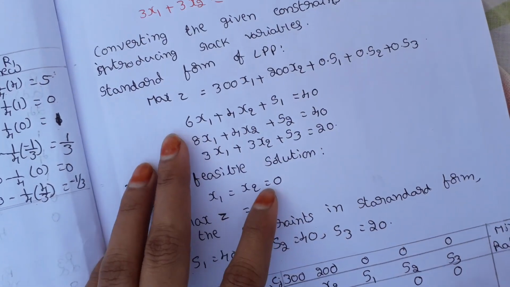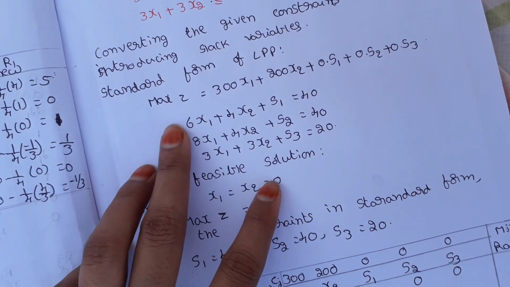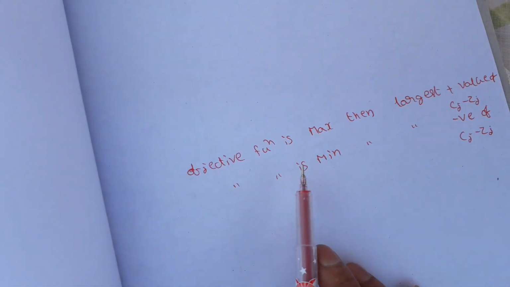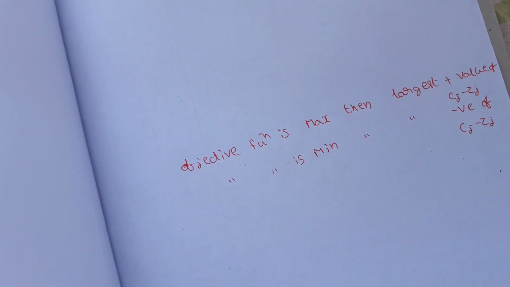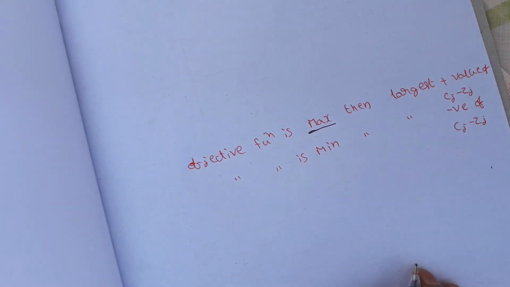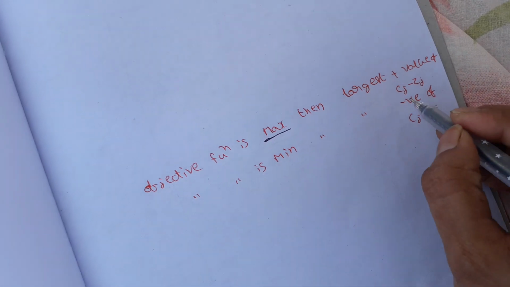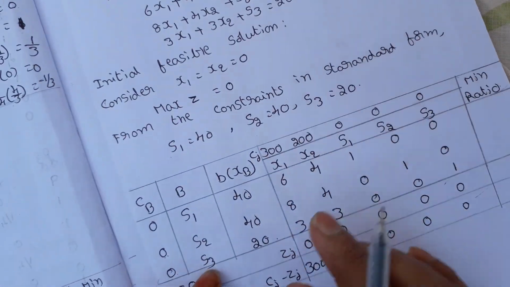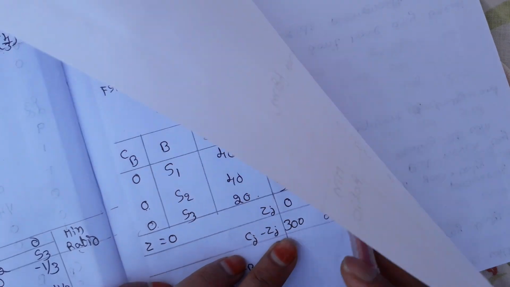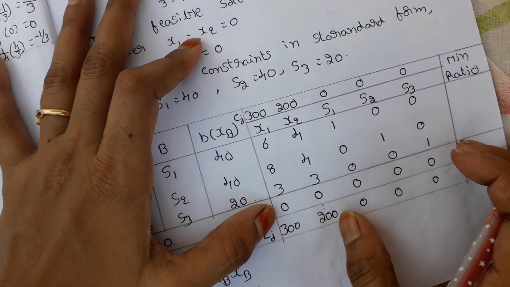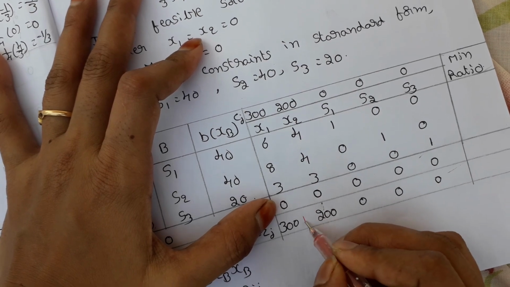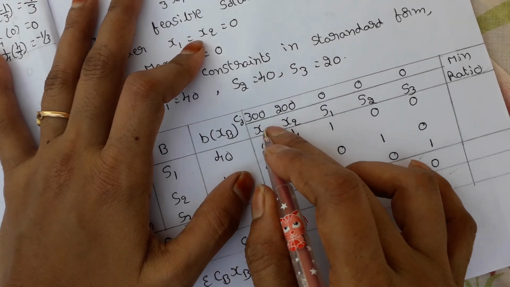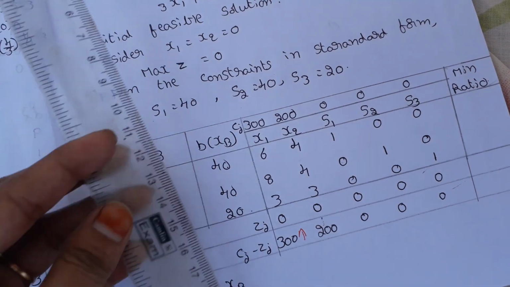Now for us in our present problem, the objective function is a maximization function. So in case of maximization, which column will become the entering column or pivot column? The largest positive value of Cj minus Zj. Which is the largest positive value? All are 0 except 300 and 200. Among these two values, 300 is the largest, because of that it is going to enter into the key column.